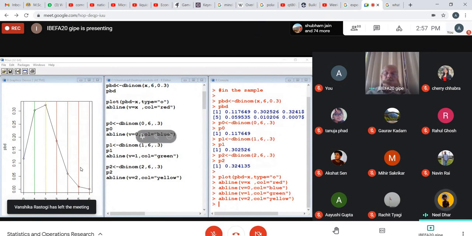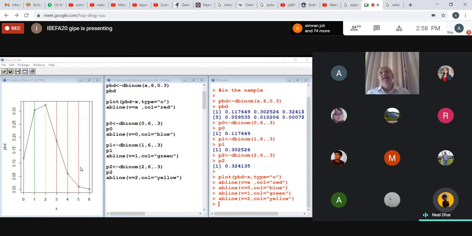His question makes sense. Let's say his question is, what events have a probability more than 25%? If we put a horizontal line at 0.25, then we can clearly see what is above that. Probability of having one or two successes. Just wait.